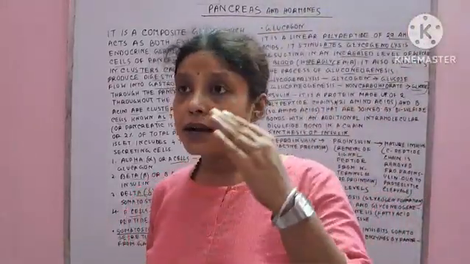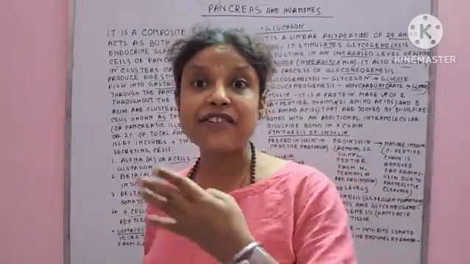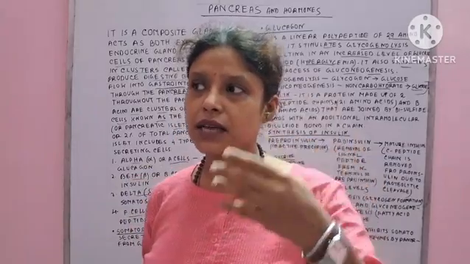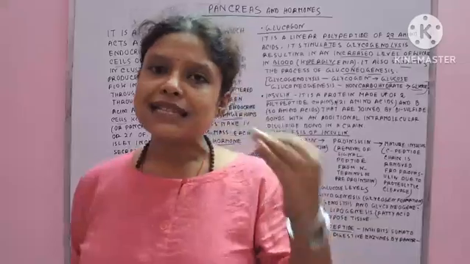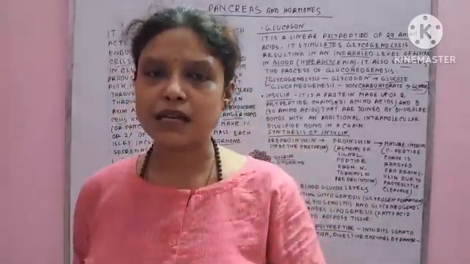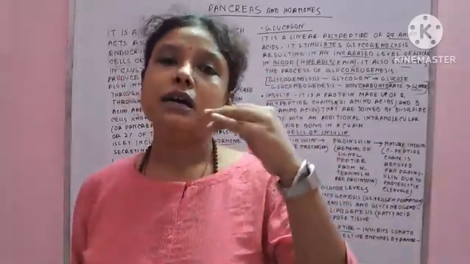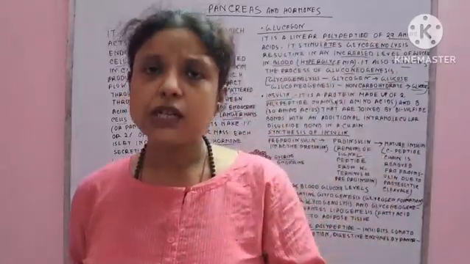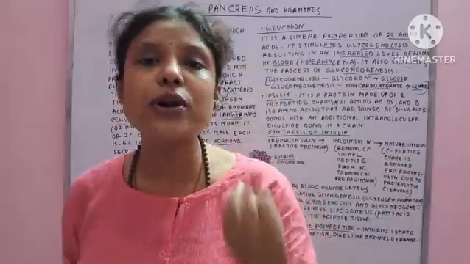In emergency conditions, like the role of the adrenaline hormone, when the adrenaline level is high in the blood, more ATP is needed. In that situation, glucagon tries to increase the glucose level in the blood for the production of more ATP.